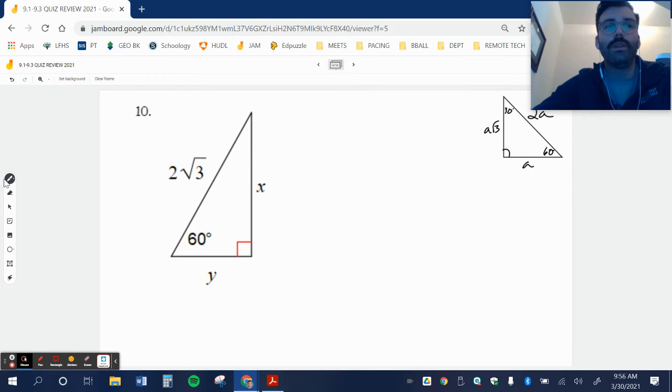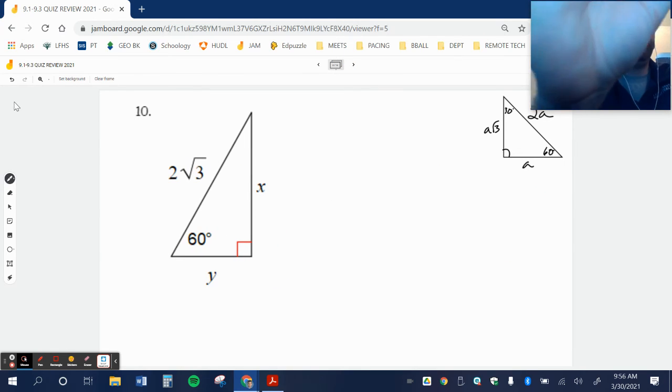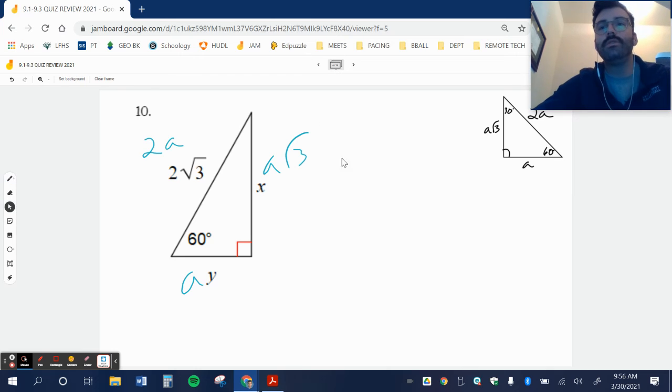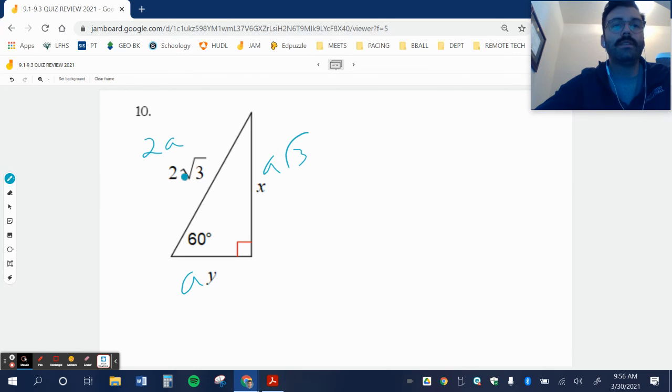Let's keep going. Last one of our 30, 60, 90. Where's 60? Okay, so A root 3, and 2A. Well, in this one, the 2A side is 2 root 3.